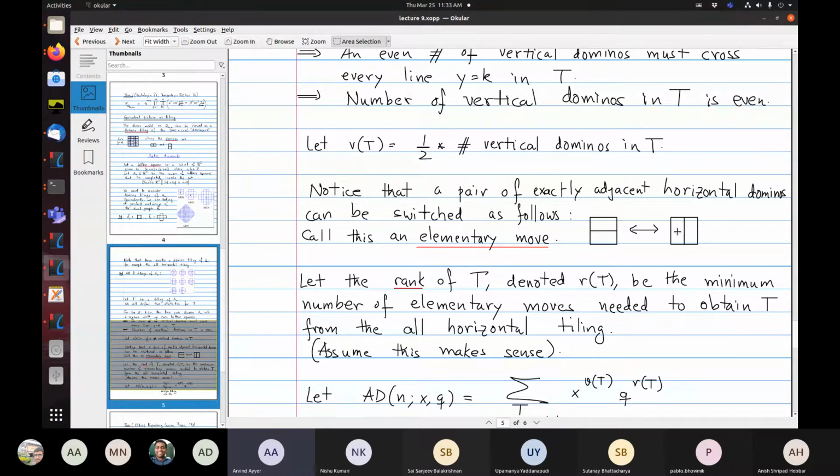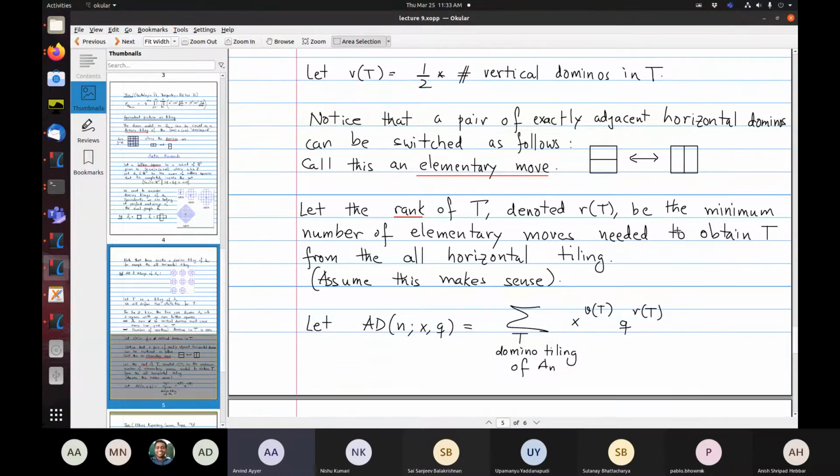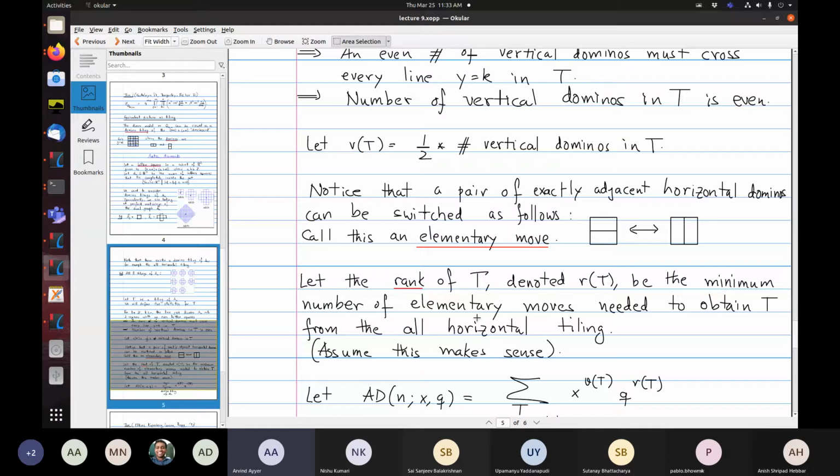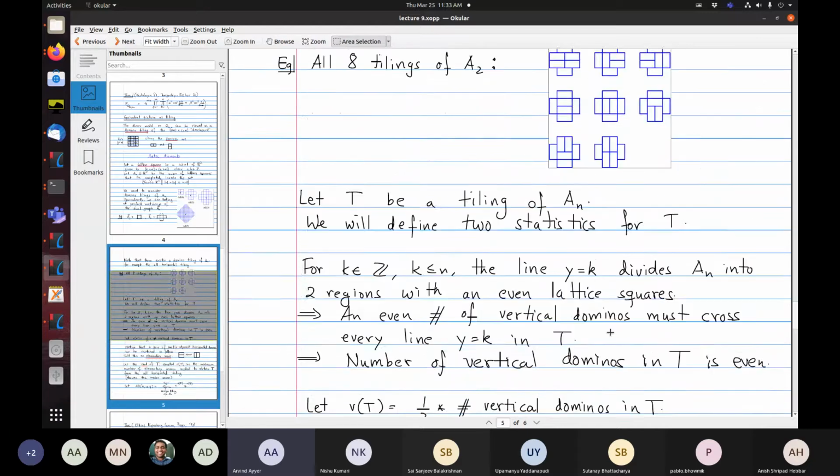So basically in a 2 by 2 square, and flipping them, starting from the all horizontal domino tiling.